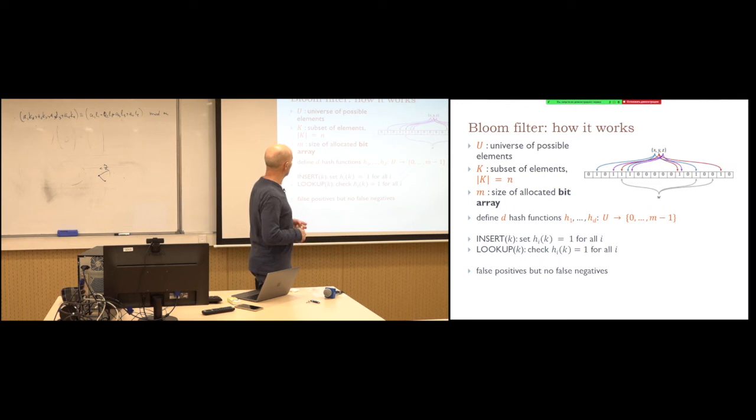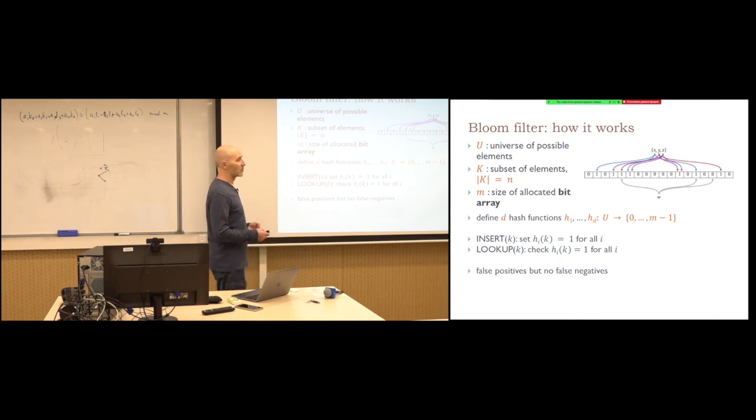When we insert a key, we set the d corresponding bits to 1, unless they were already ones, in which case they stay 1, and if not, they flip. And when we look up, we check if the corresponding bits are all ones. If they are all ones, we respond yes. And if at least one is 0, then we respond no.